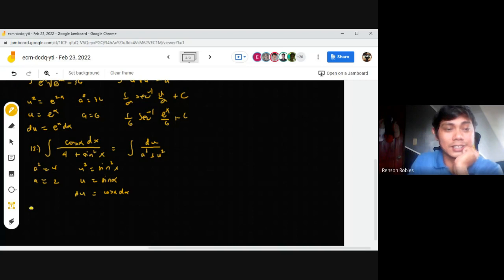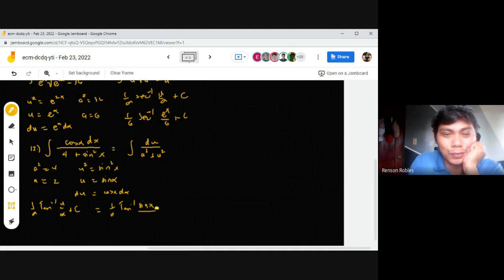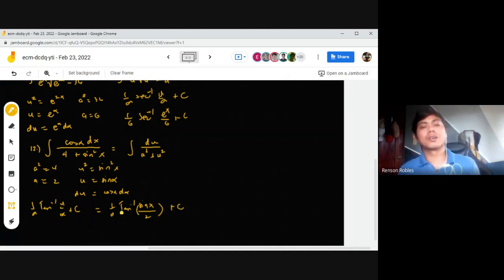And that's an arctangent. 1 over a arctangent u over a plus c. And then you'll have 1 over a arctangent u, that's, what's that? Sine x, sorry. Sine x over 2, then plus c. So that's 1 over 2 arctangent of sine x over 2 plus c.